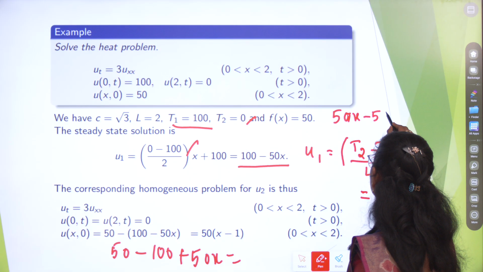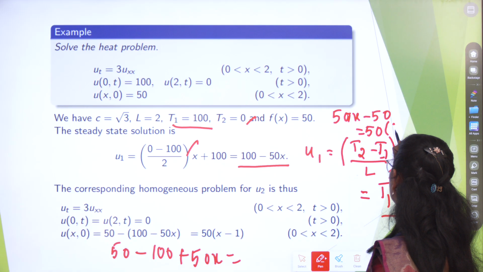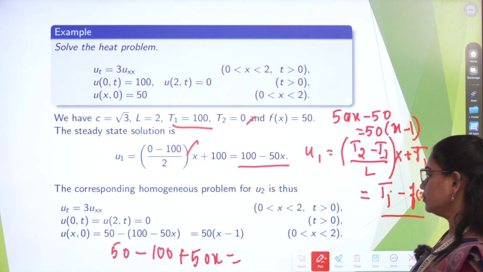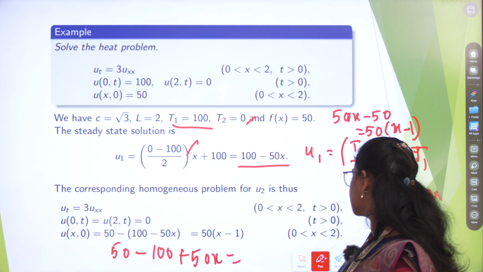That is 50x minus 50, taking the common term 50 out, remaining x minus 1. So the condition is 50 into x minus 1.